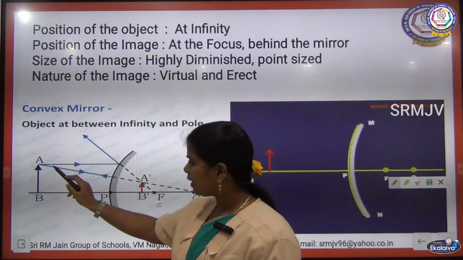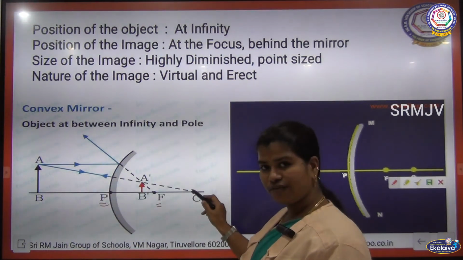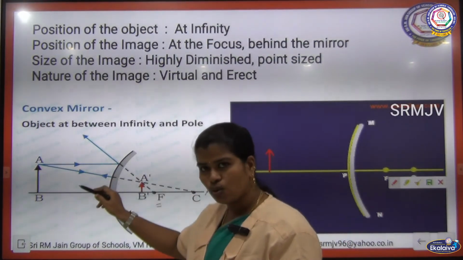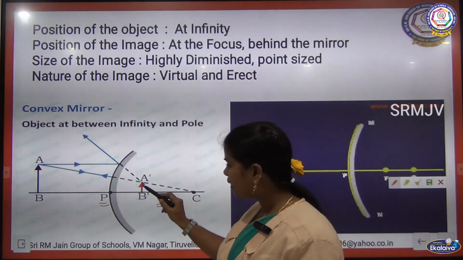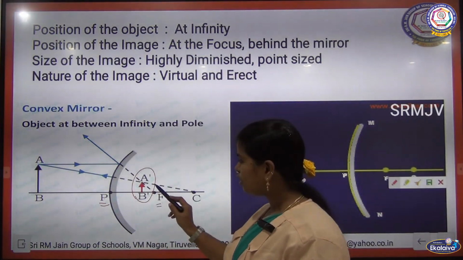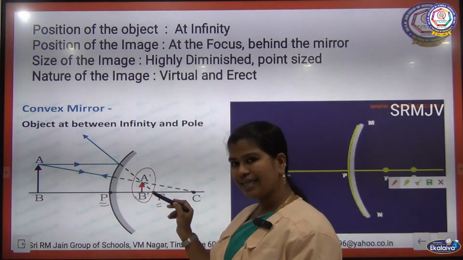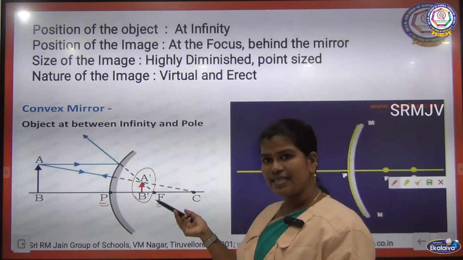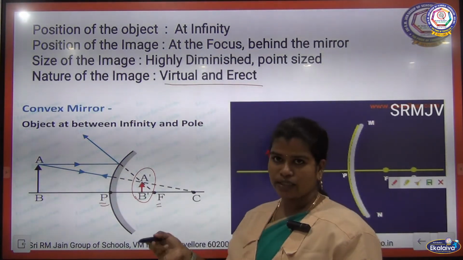The next ray is directed towards the center of curvature, so it takes back its own path. These two reflected rays appear to meet at a point, and here the image is formed. The image is formed between the pole and the focus, and if you see the size of the image, it is very diminished, virtual and erect.